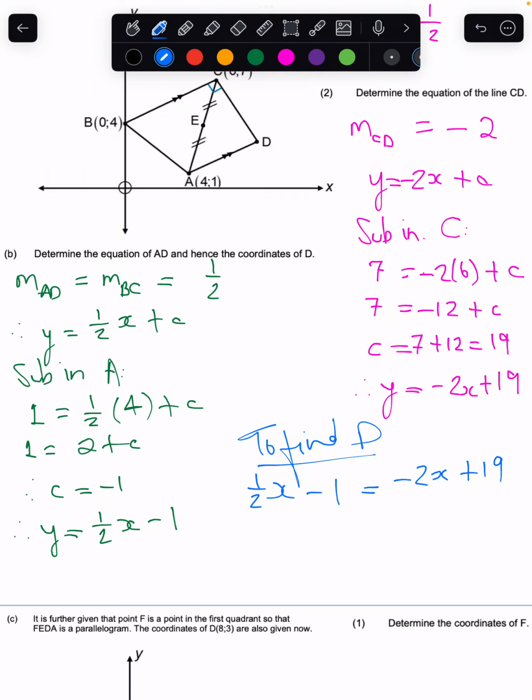And we have 5 over 2 x on this side if I add 2x on both sides. And here we'll have 19 plus 1, which is 20. So then x will be 20 divided by 5 over 2, so I need to find 2/5 of 20. I think that's 8.